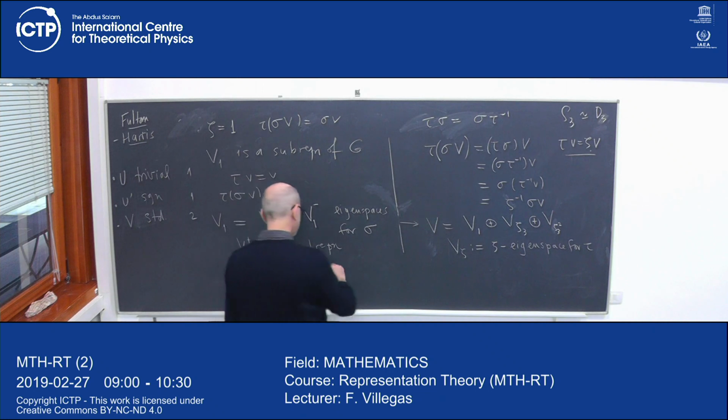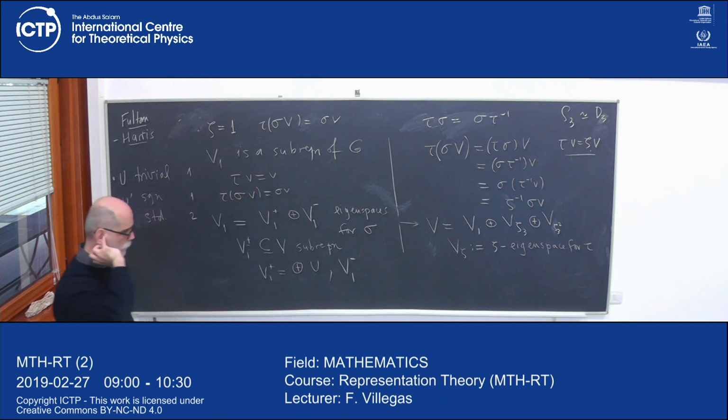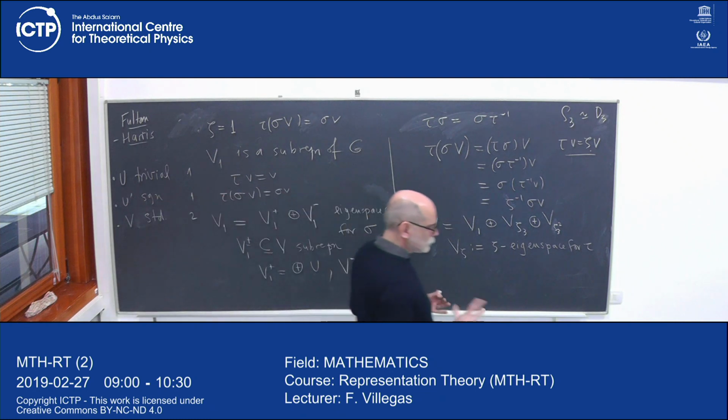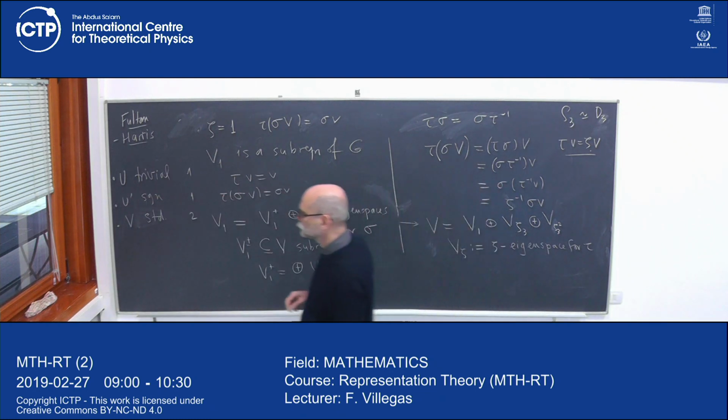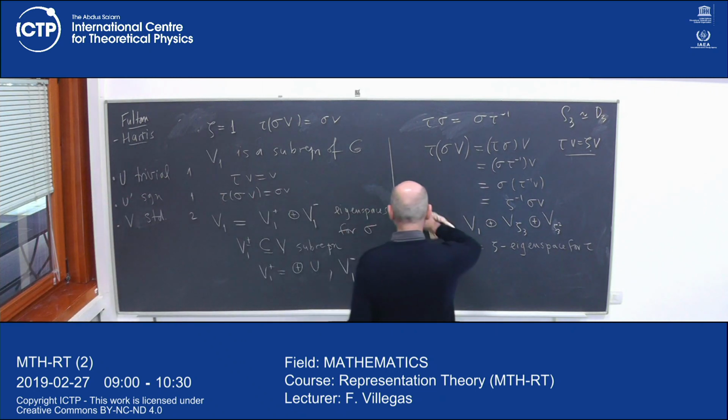How about V1 minus? So V1 minus is now a representation in which tau acts trivially and sigma acts by -1. But sigma is a 2-cycle, which has sign minus, so it is an odd permutation.